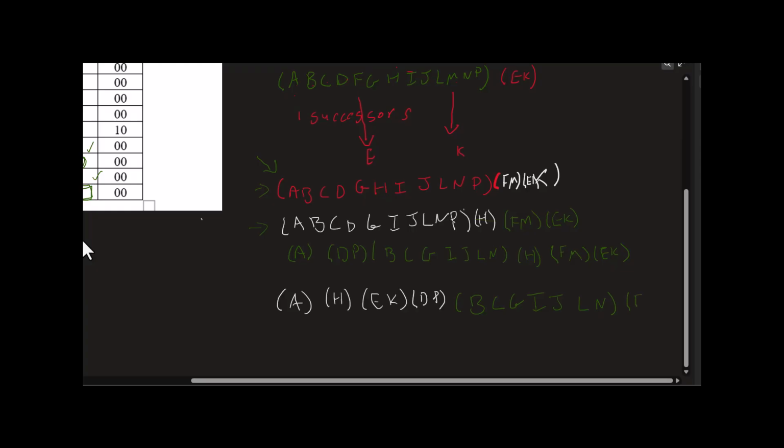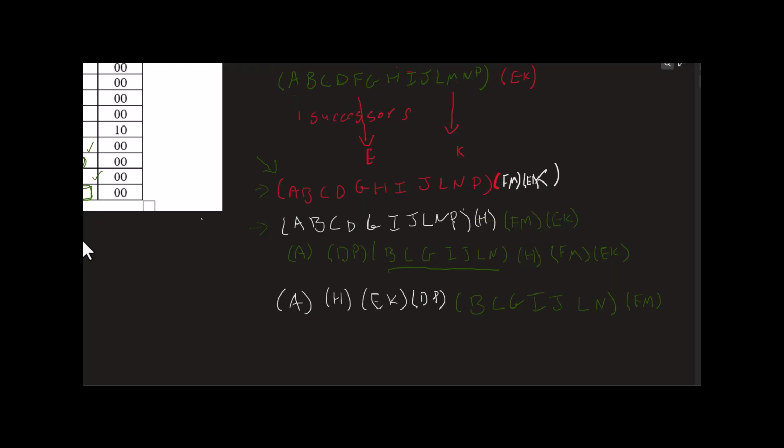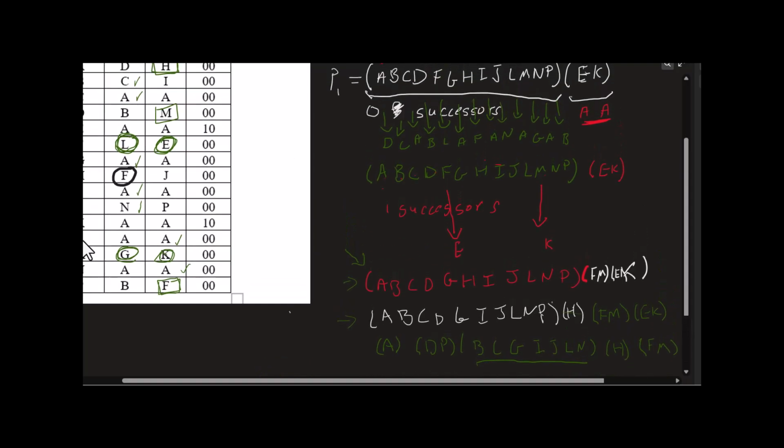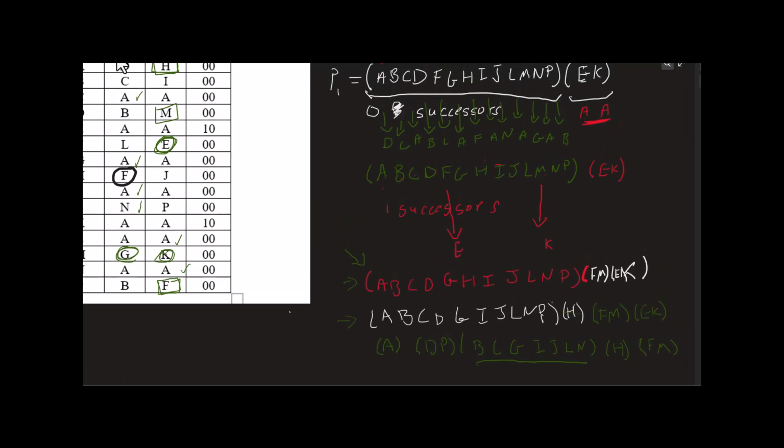Could you explain that last state you did, the BCG, IJ? This one? Okay, so I'm on the zero successors, and so I'm checking to see if those are going to be in the same group when I do zero successors.